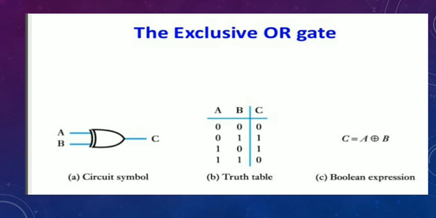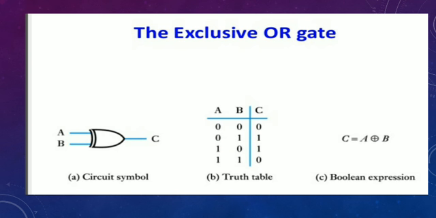Now see this exclusive OR gate. It is the XOR gate. I said the Boolean expression is A exclusive B. This is the circuit symbol. If you substitute the formula, 0 and 0, the output is 0.